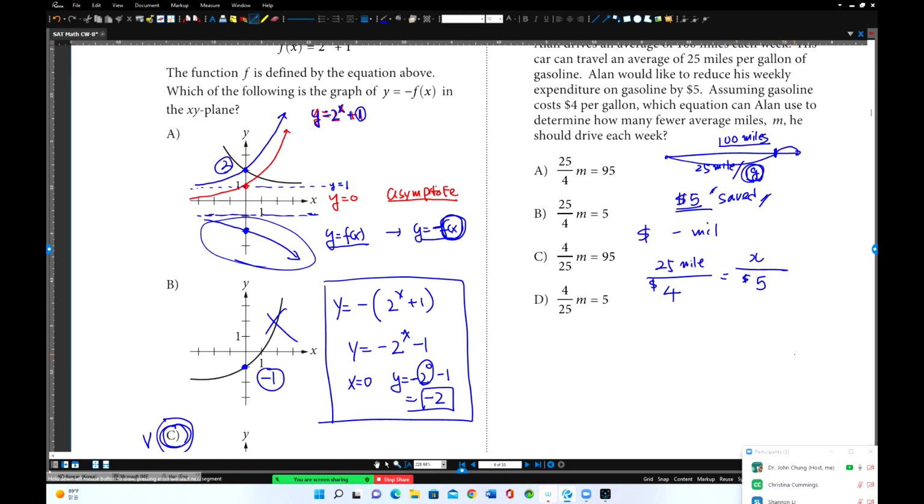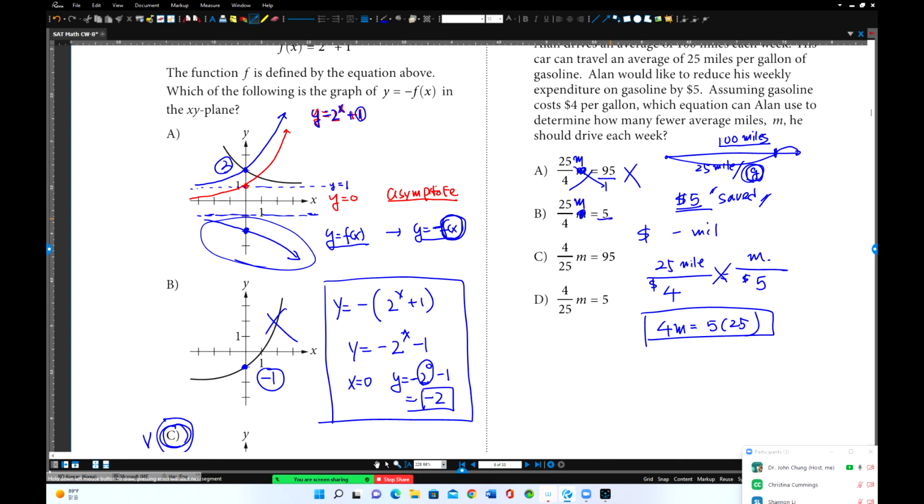So which one is equivalent? X miles, they use M. Which one is equivalent to this one? Over here, cross multiplication, 4M equals what? 5 times 25. That is equivalent. Now take the other one: 25M equals what? That's wrong. We need a 4M there, okay?